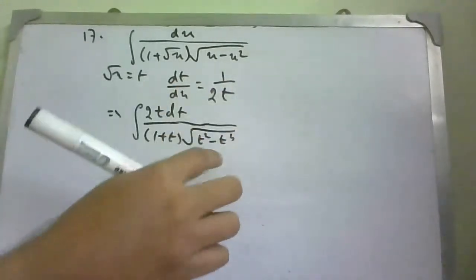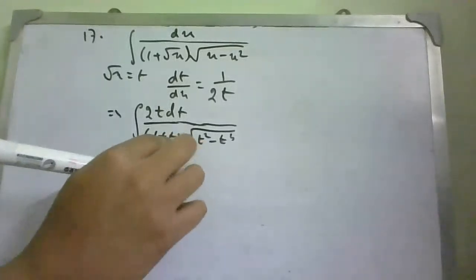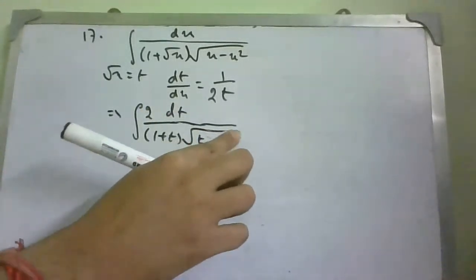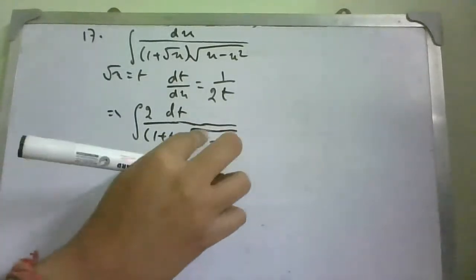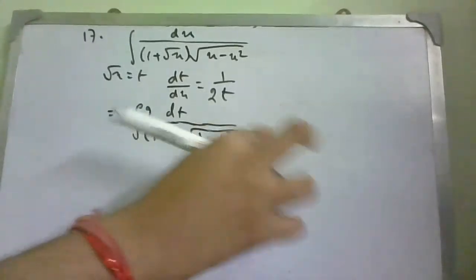Now interestingly, we can cancel out t squared from here, because if we take t squared common, it will be t, and this t will get cancelled out. So 1 minus t squared.